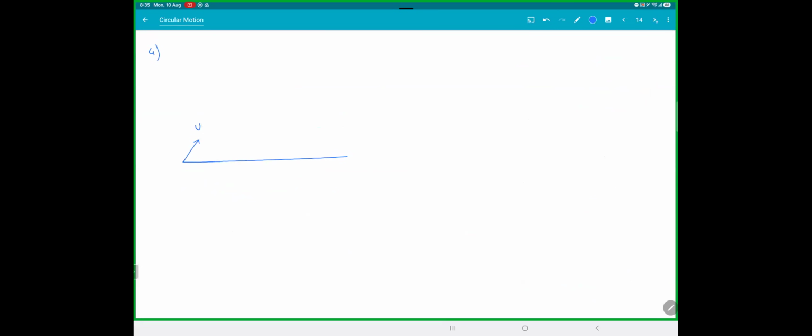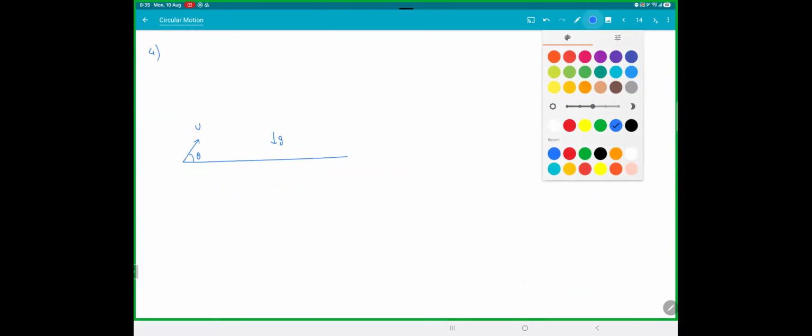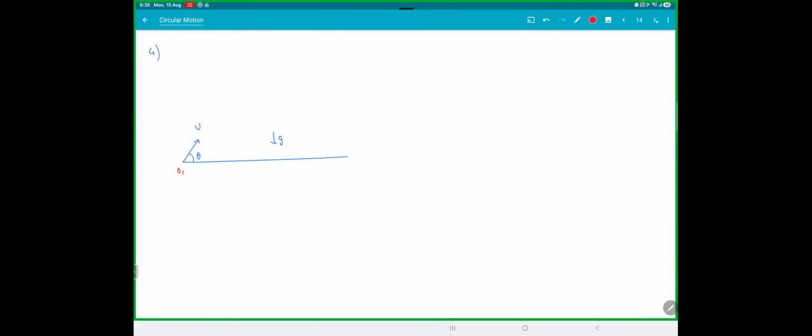A particle is projected with angle theta. Gravity is g. This is the origin.